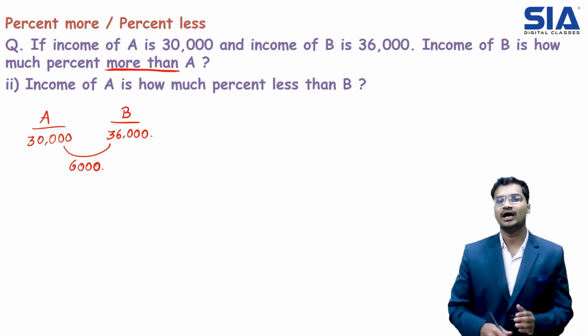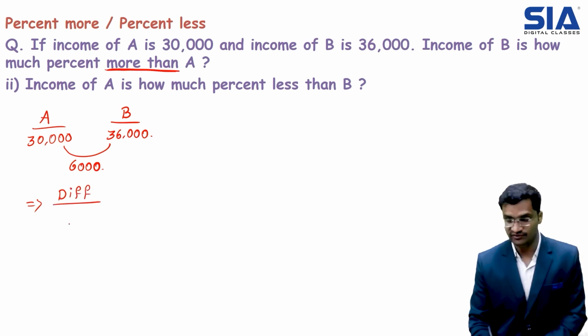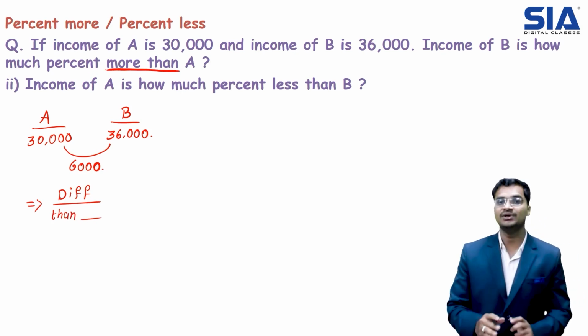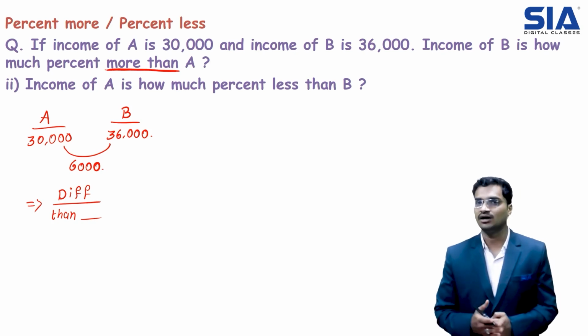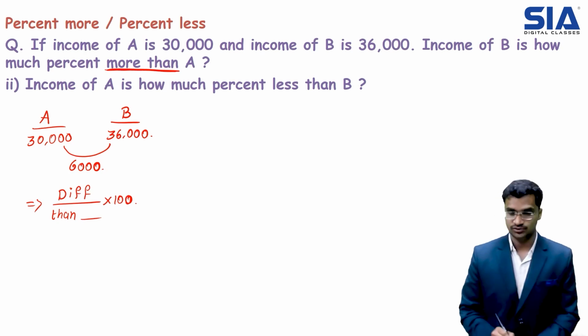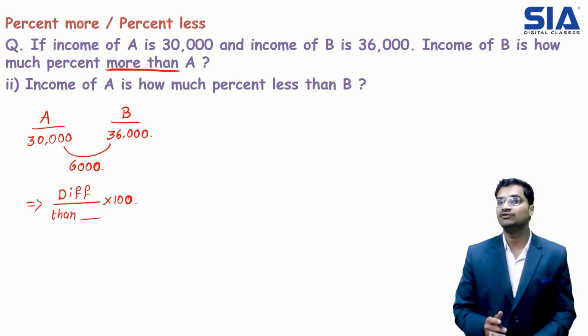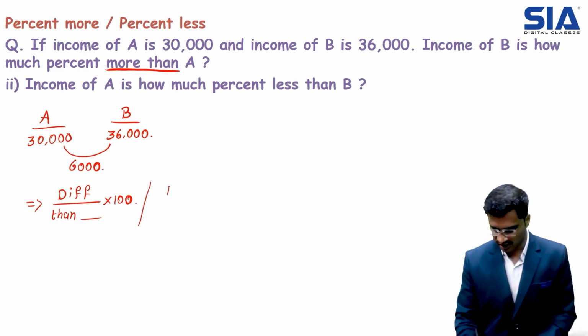Now when I have completed finding the difference, I have to apply a simple formula: percentage increase or percentage decrease is difference divided by the value which has been written after than, into 100.